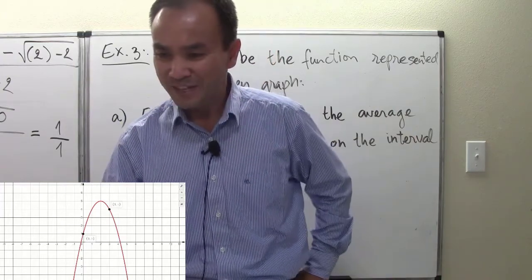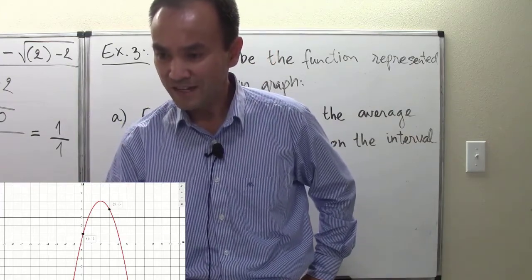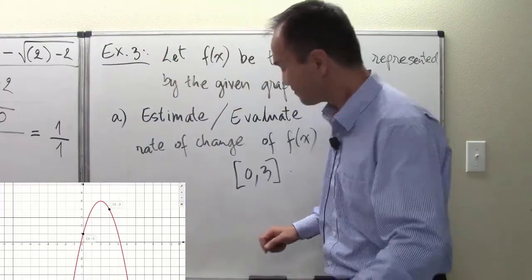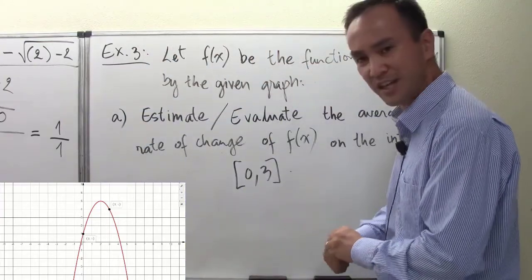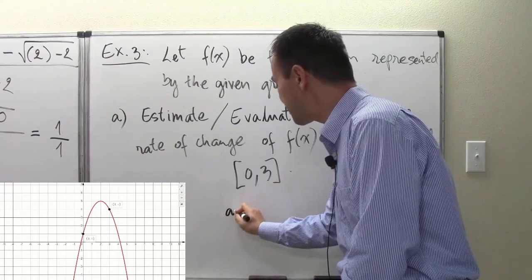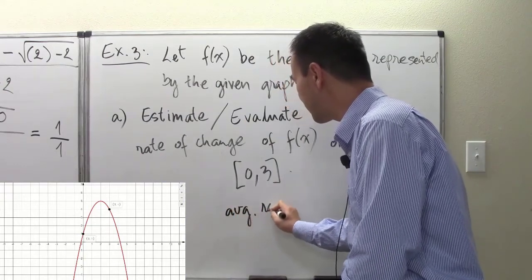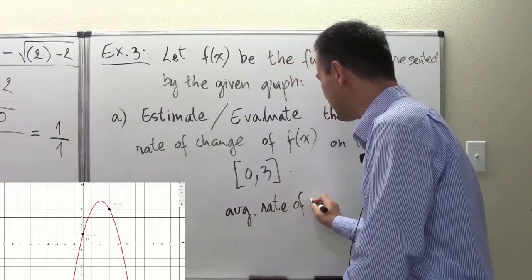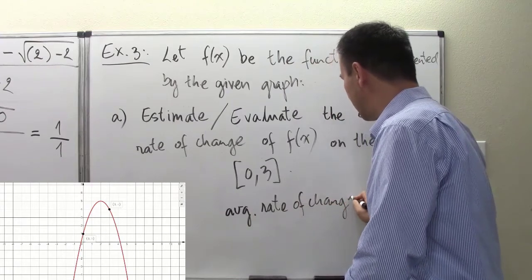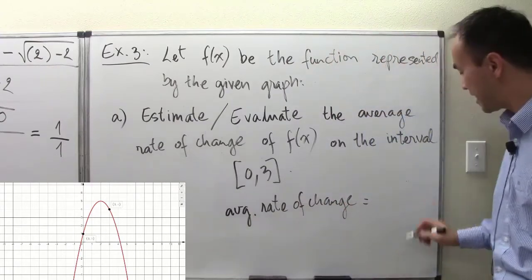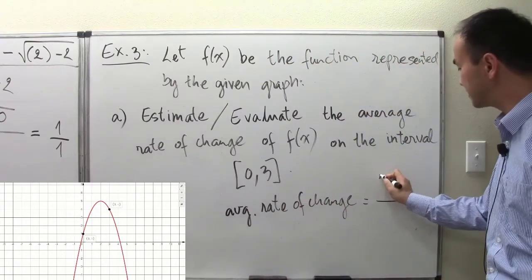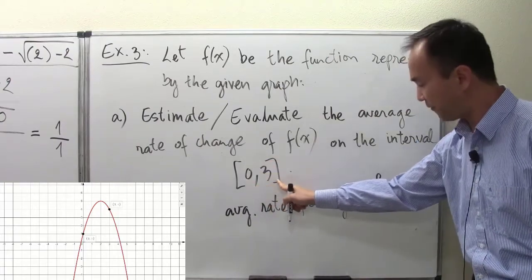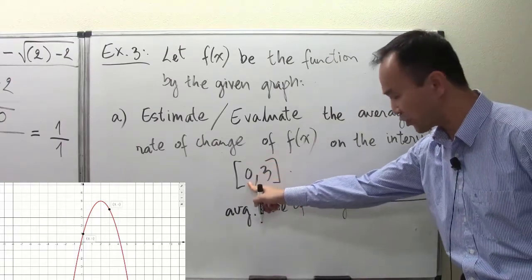Getting straight into the problem, the way of doing that average rate of change: in this interval, the final input is 3, the initial input is 0.